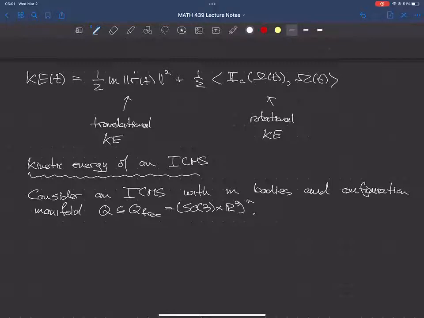Now notice that we're always going to be restricting to bodies. In the beginning, when we talked about Q free, we allowed separately for particles, and then we would have some collection of copies of R3 as well.